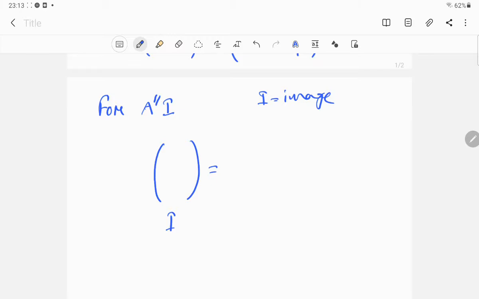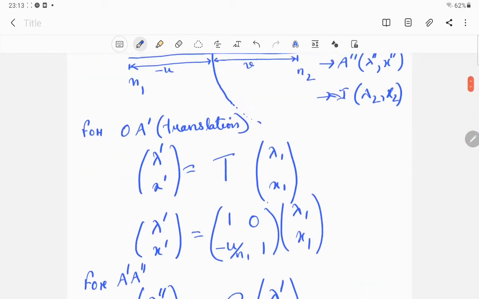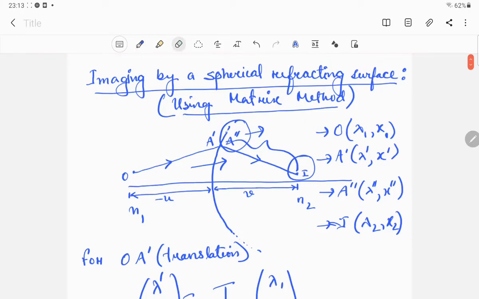While going from A'' to I, what happened? Whatever happened is called translation.